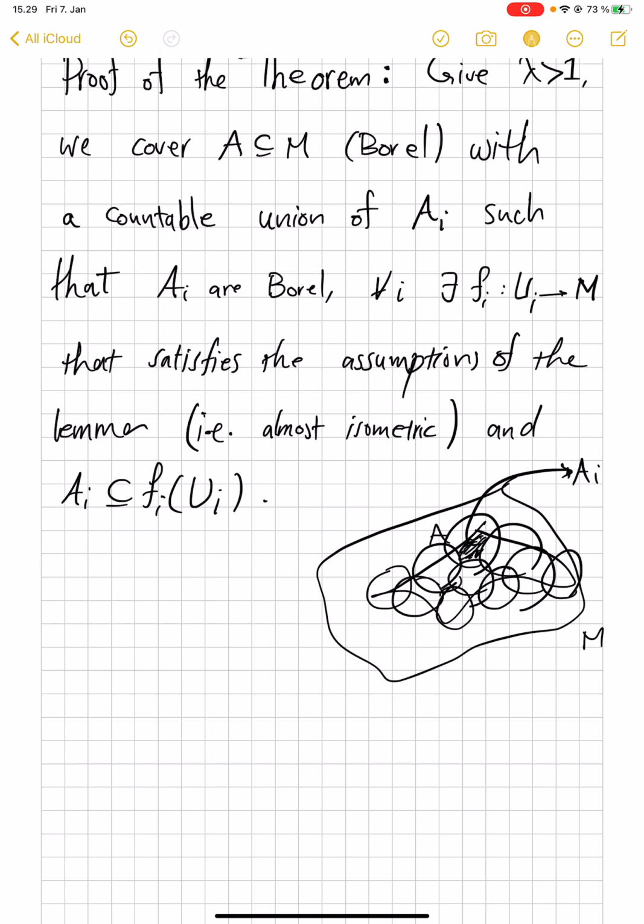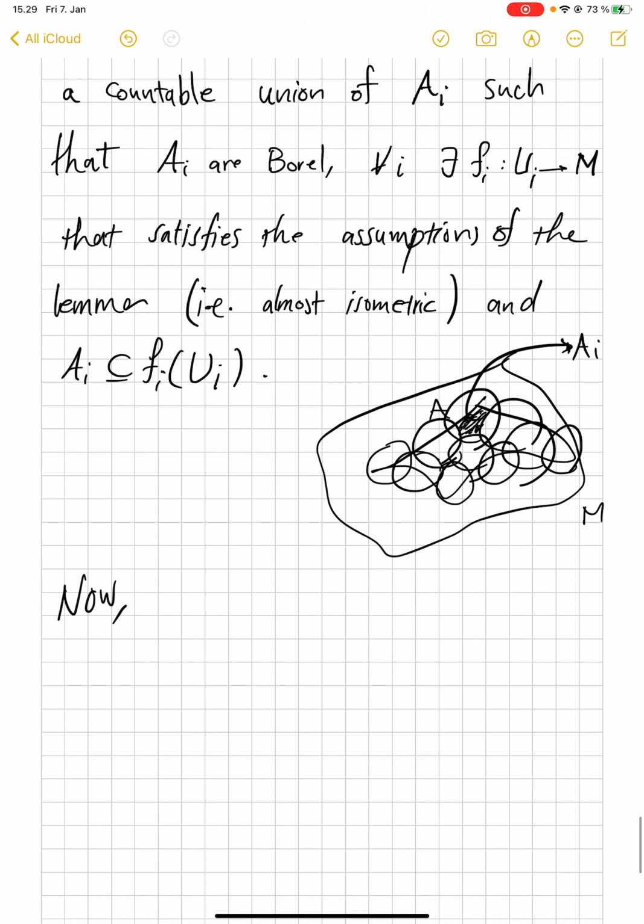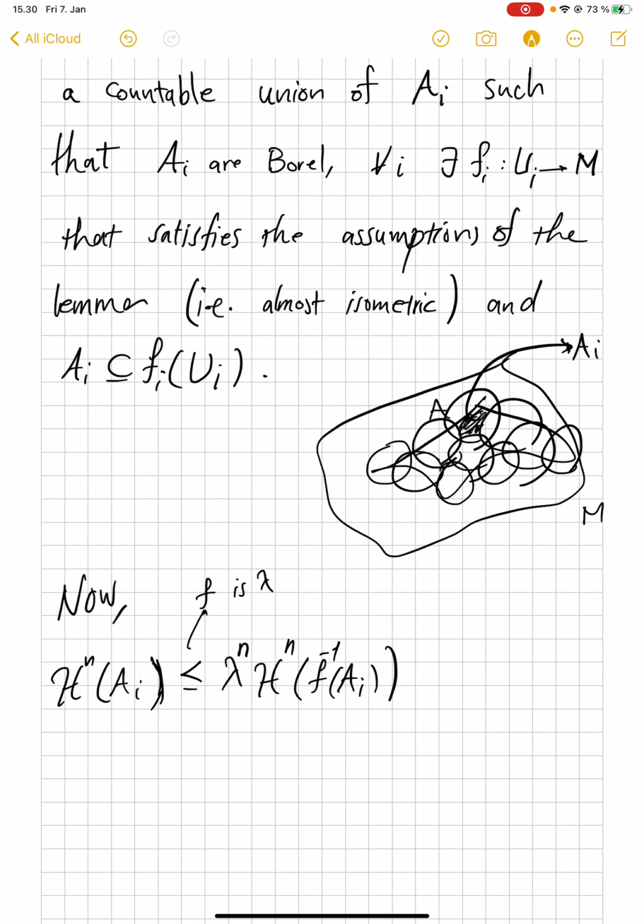Okay, now what we have is that Hn of Ai is less than or equal to lambda to the power n times Hn of f inverse of Ai. Why? Because f is lambda bi-Lipschitz.